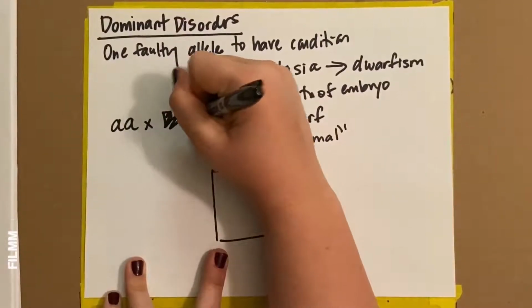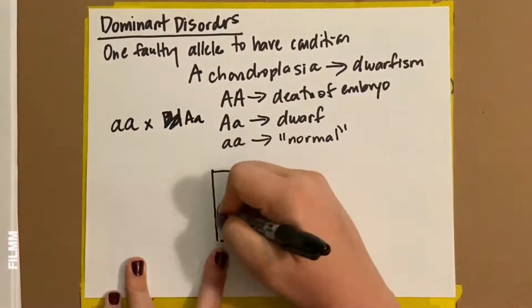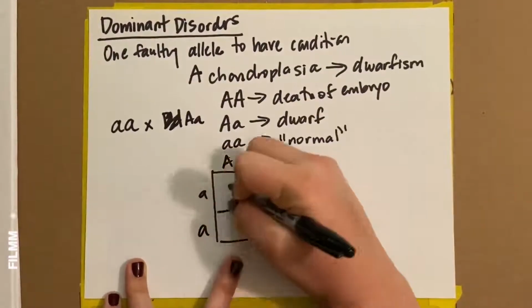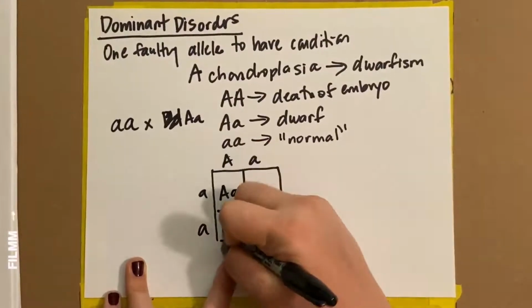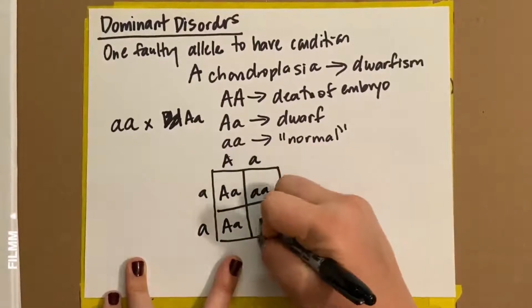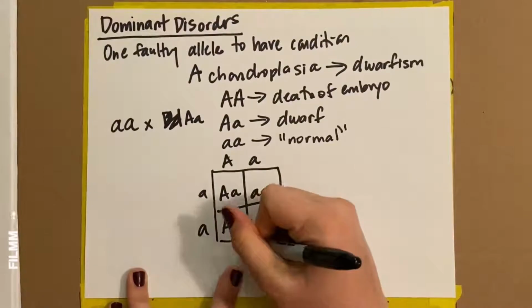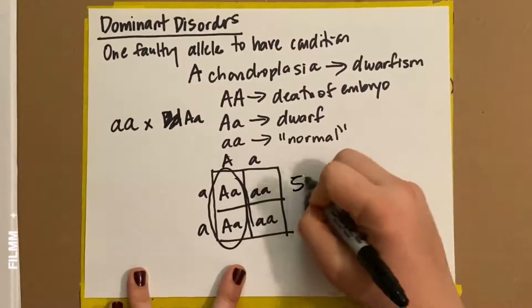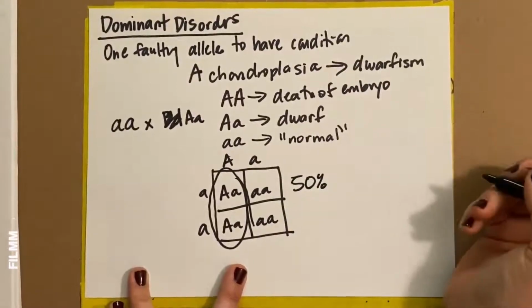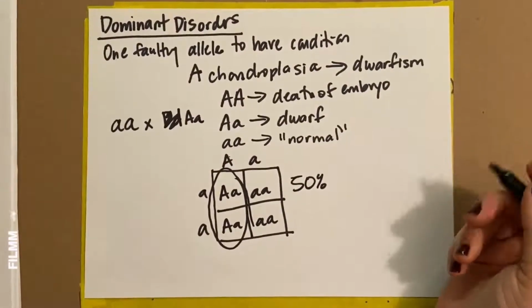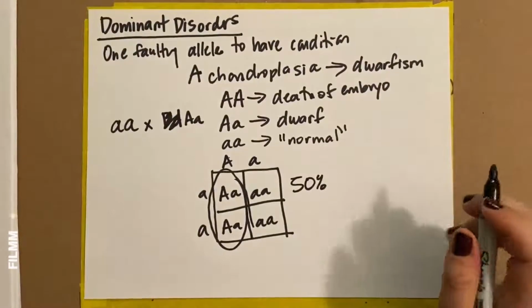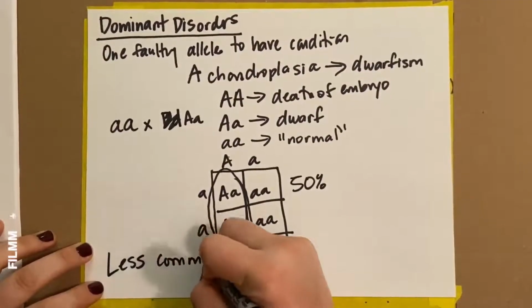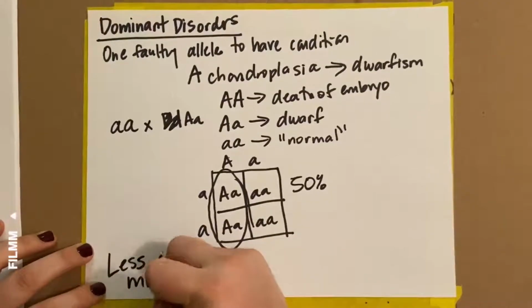Let's say aa, and Aa, and they have babies. What happens is that 50% of their children are likely to have dwarfism. So it's a 50-50 chance that they will have dwarfism when you have a dominant disorder. Okay, dominant disorders are less common, but more lethal.